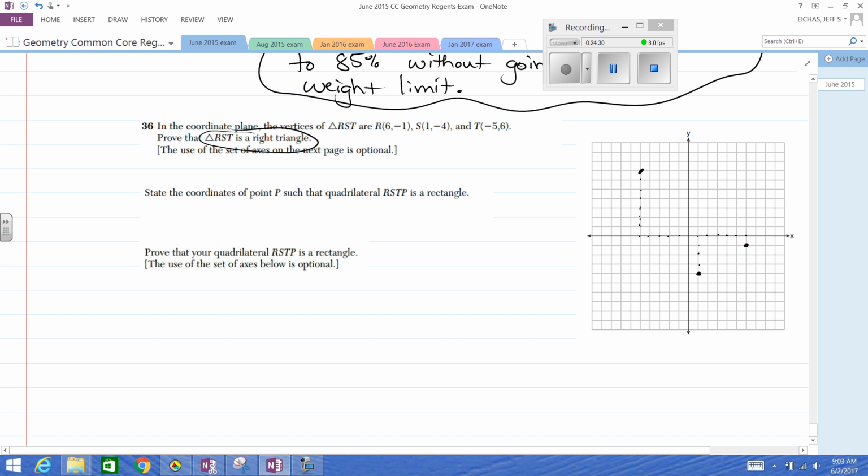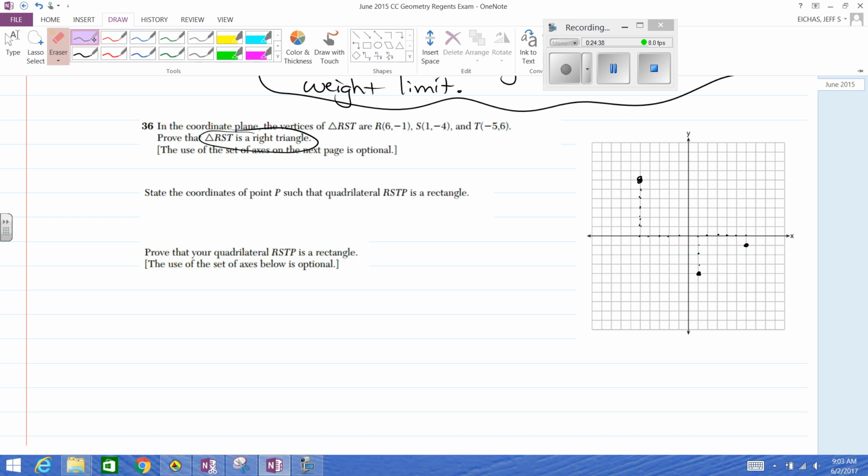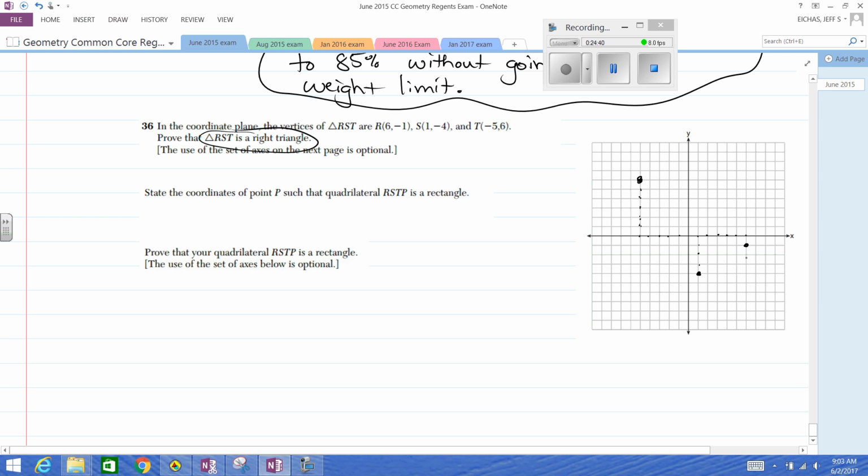Let me make sure. Oh, it went too high. All right, let me get rid of that. Okay, so let's label that. It's RST. Okay, prove RST. Hopefully you guys use a straight edge.